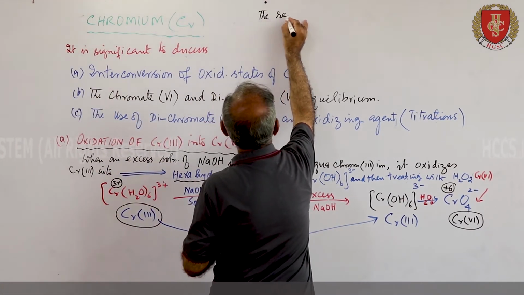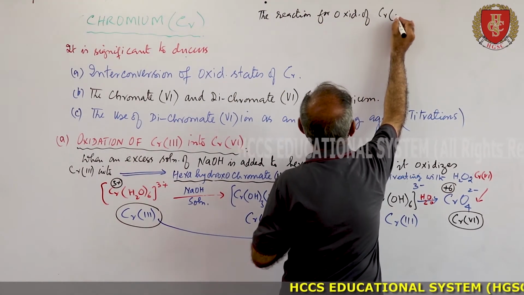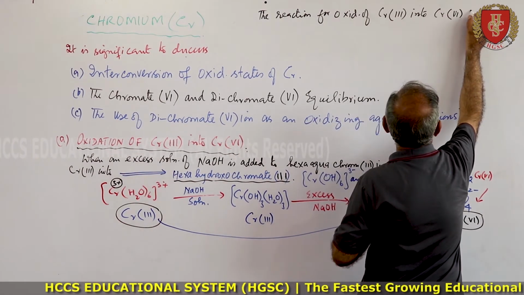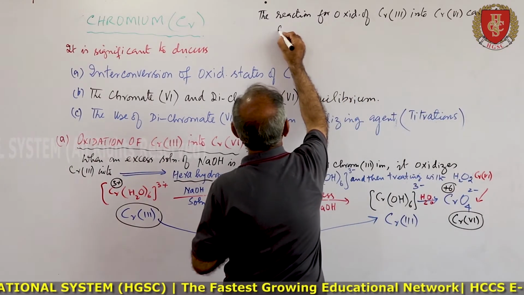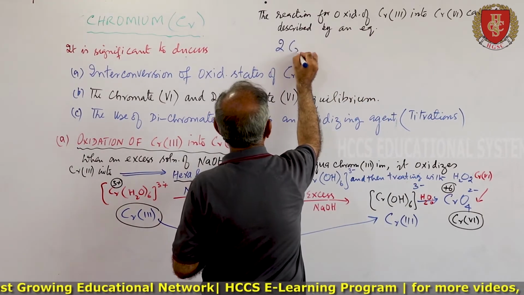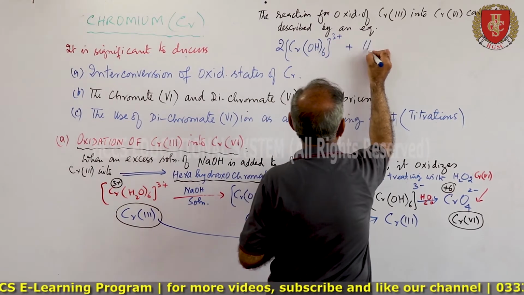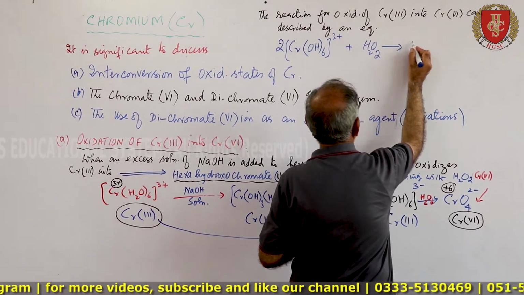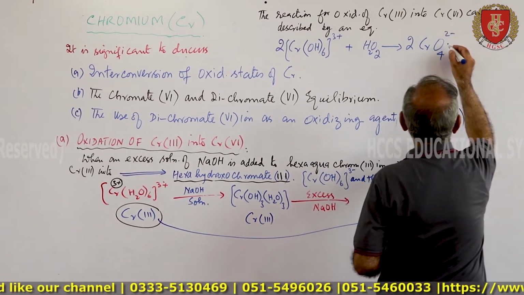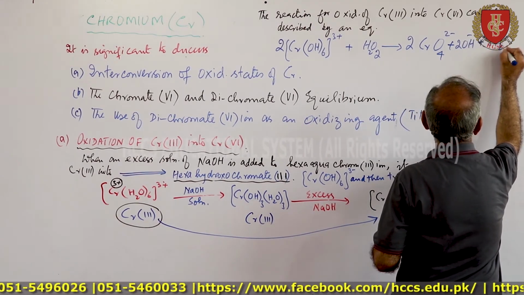The reaction for oxidation of chromium 3 into chromium 6 can be described by an equation: 2Cr(OH)6 3- plus 3H2O2 gives 2CrO4 2- plus 2OH- plus 8H2O.